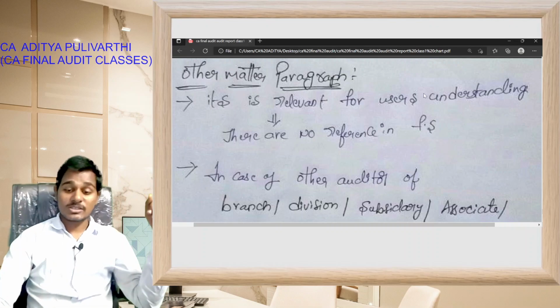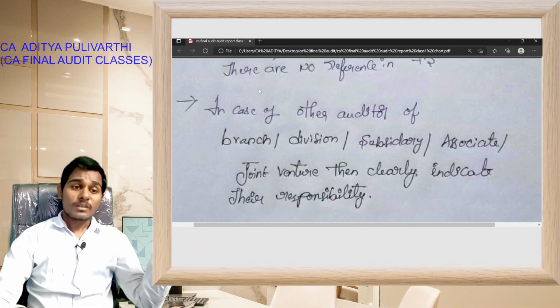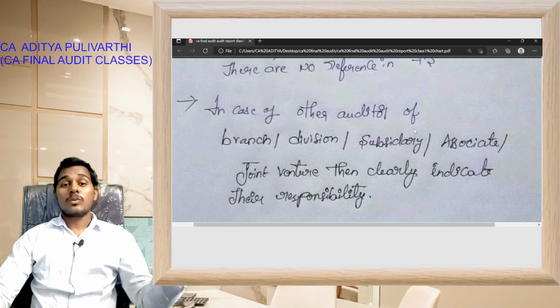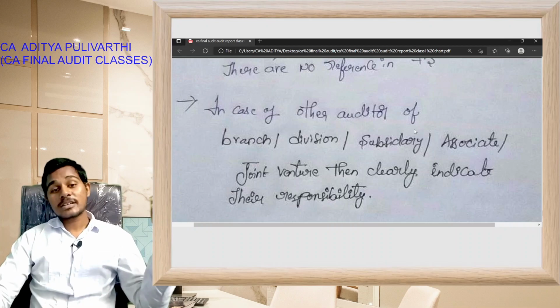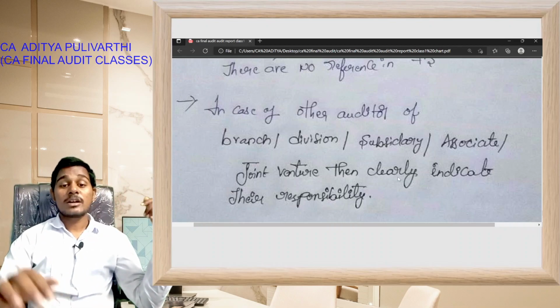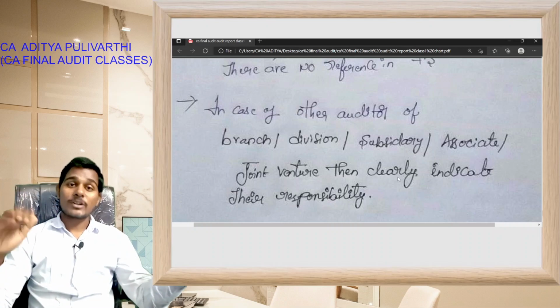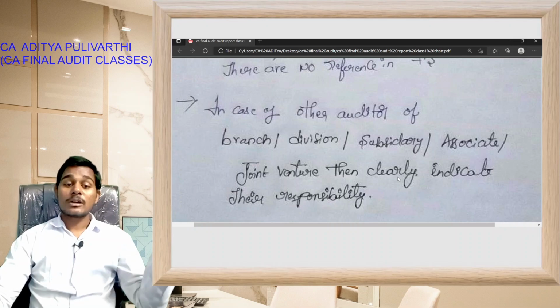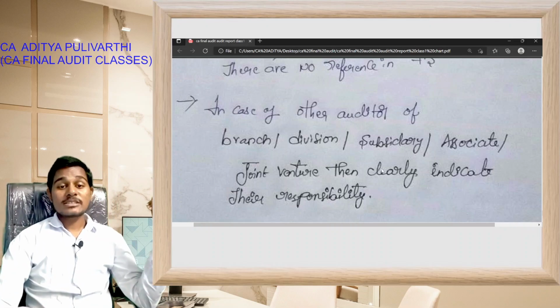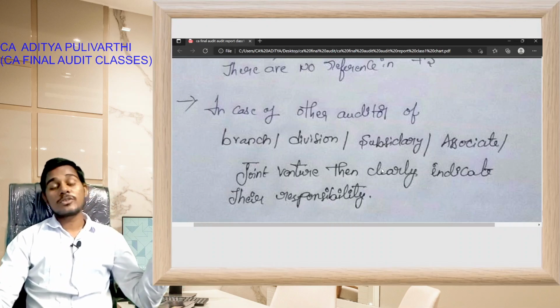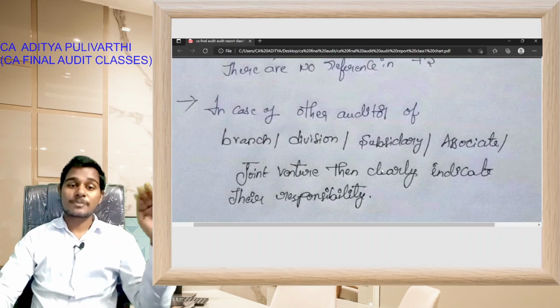Okay students, next example. Say we are the auditor of the central office and the remaining branches, divisions, subsidiary, associate, joint venture have been audited by another auditor. Then we should state in the main audit report that the branches, divisions, subsidiary are audited by some other auditor, so that it indicates the division of responsibility.